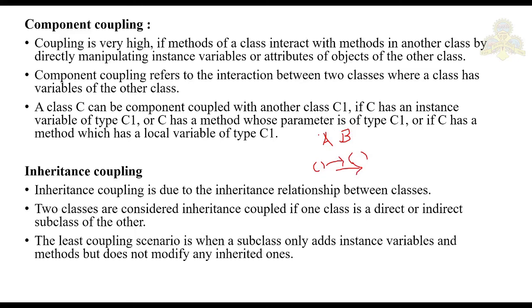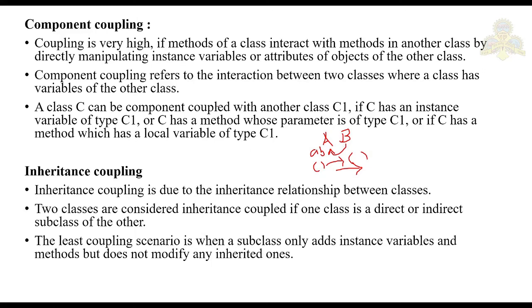So component coupling refers to the interaction between two classes where a class has a variable of another class. It refers to the situation wherein a class has an object or variable of another class. For example, A has a variable ab, and this variable is of class B, then we say that component coupling has occurred, there is an interaction between them.